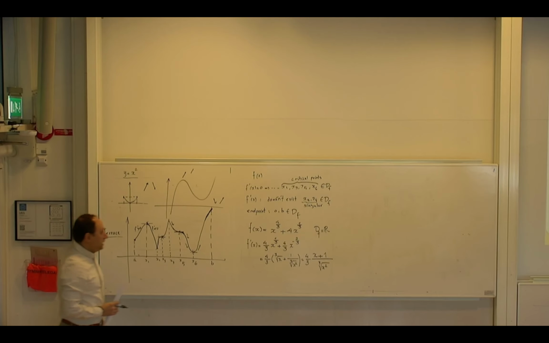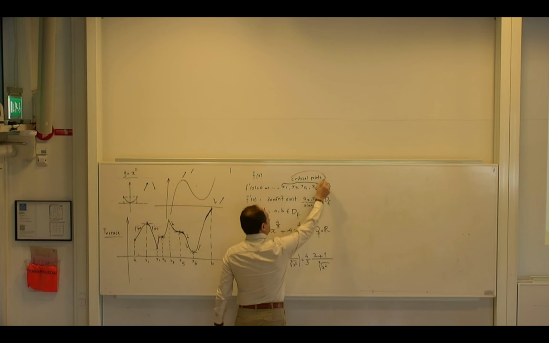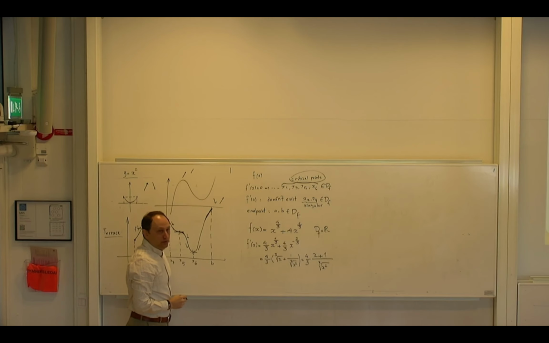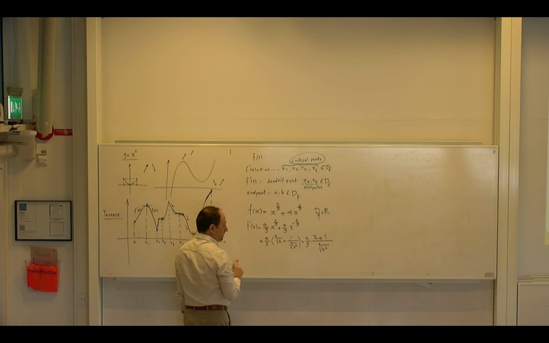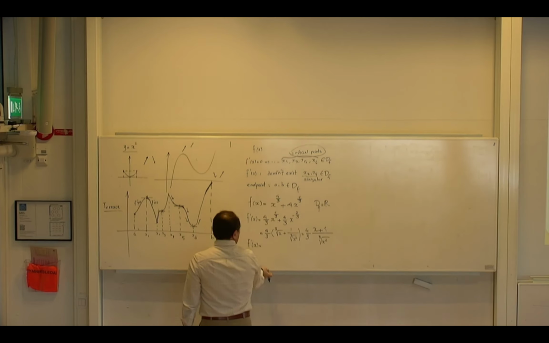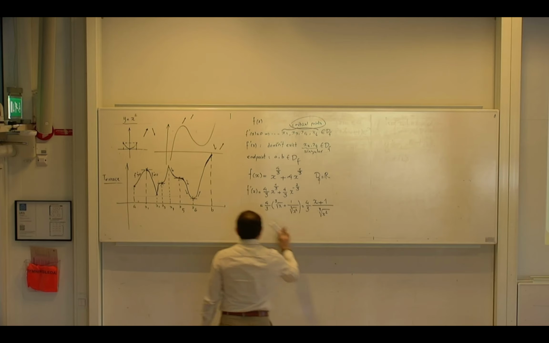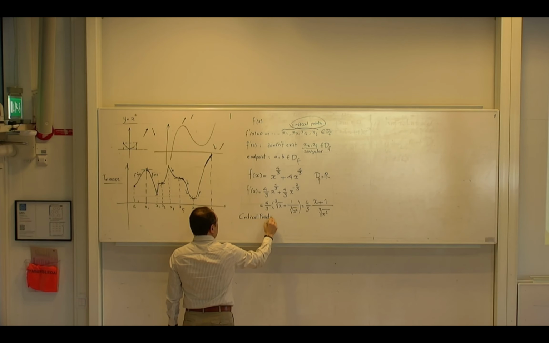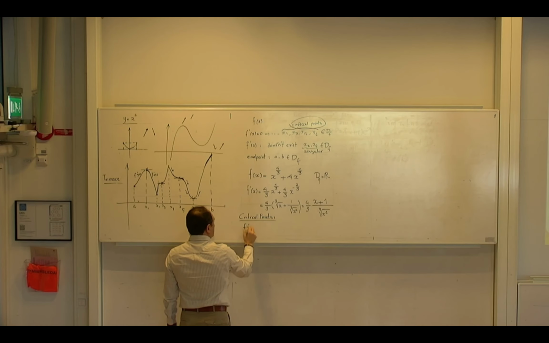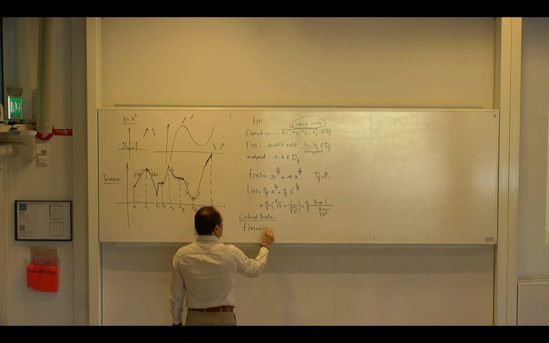Okay? Now, the first part of the algorithm tells me find critical points. Critical points are the points for which the derivative exists and is equal to 0. But of course, the points should also belong to the domain. Be careful about that. So for critical points now, it means that I put the derivative equal to 0 and try to solve it and find all of them.